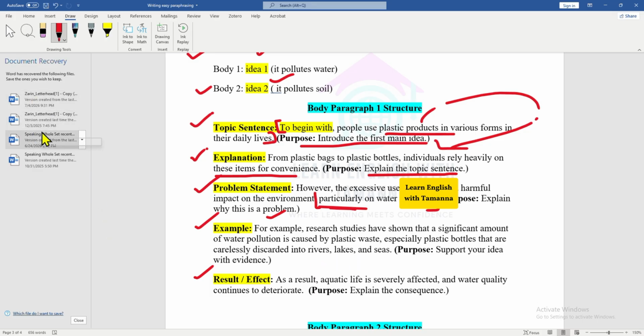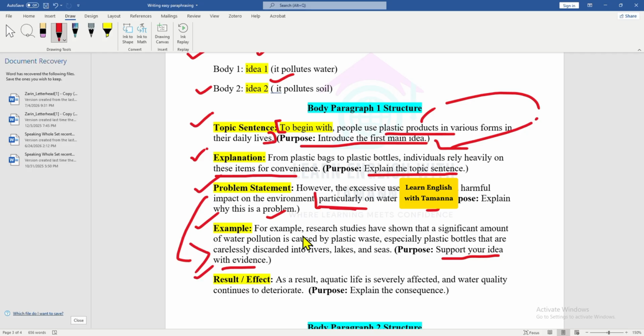So, as I said previously, plastic products actually impact the water resources badly, or are polluting the water. How it is actually polluting the water, I explained with an example here. So basically I supported my idea with evidence. It's very important. Whatever you write, whatever you say, you need to prove it with examples.